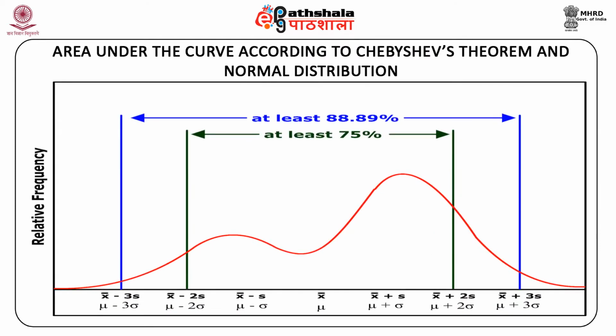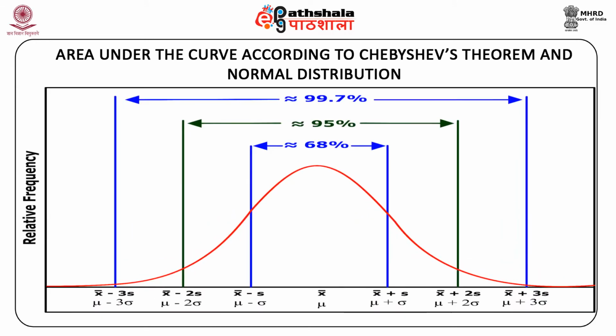This difference is due to the fact that Chebyshev theorem is applicable to all types of data, whether it is skewed, multipolar or normal. Figure 1 given below explains application of Chebyshev theorem for 2 and 3 standard deviations when data is not normally distributed.